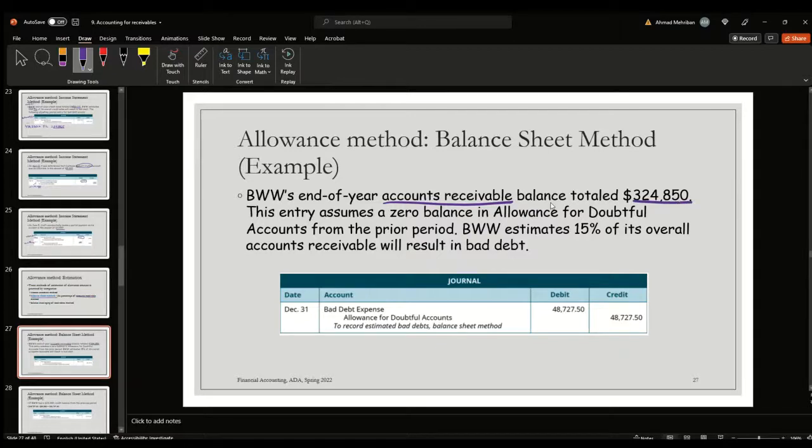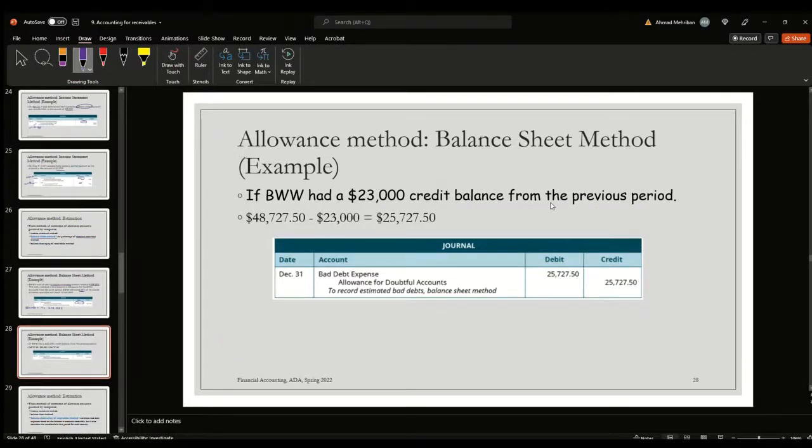We will assume that there was no balance in the allowance for doubtful accounts from the prior period, so this is a zero balance, and the company estimates 15% of its overall accounts receivable will be bad debt. So we multiply 324,850 by 15%, which turns out to be 48,727.5, which is the amount of our bad debt. This is again the estimation entry.